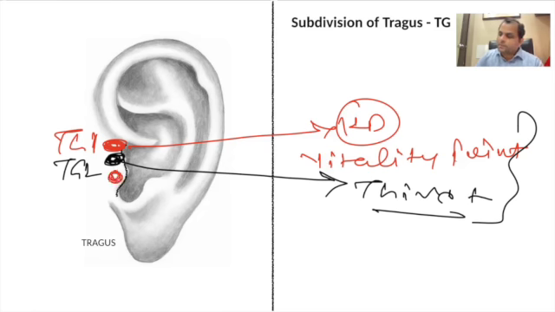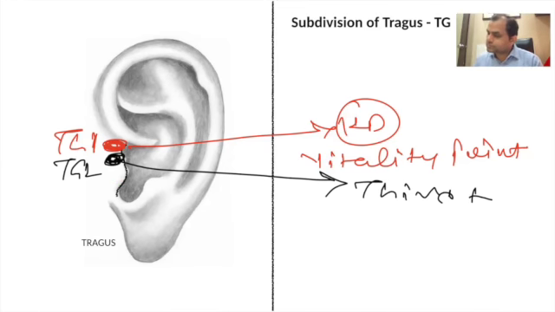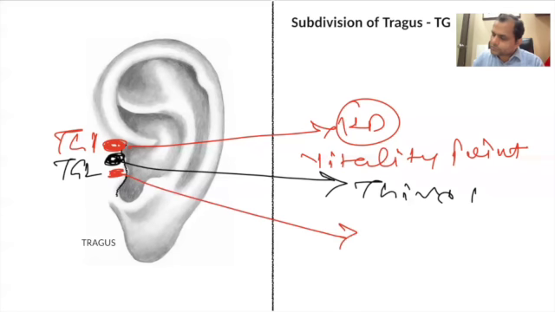Tragus 3 we have already discussed. The tragus 3 is connected with hunger. Tragus 3 is hunger.